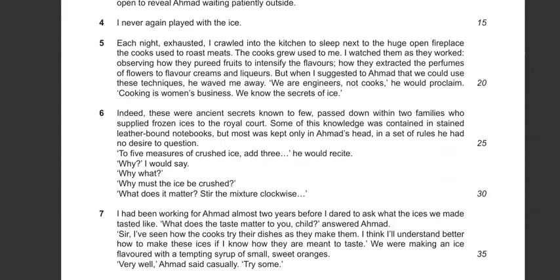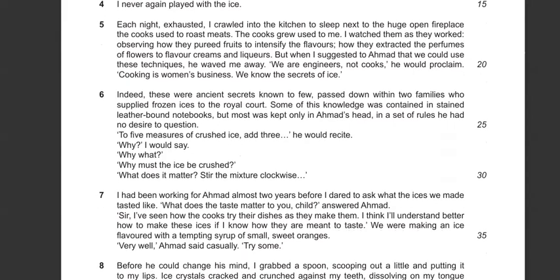Ahmed also showed the superior side of his character to the author, that they are the ones who know the secrets of the ice. That means how they turn ice into different flavors or different sorts of dishes that they use while working in the kitchen. So they are making some sort of drink, some sort of juice, or might be some sort of dish. This is what we have understood so far from what we have read.